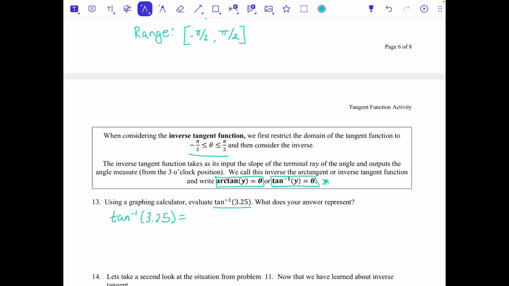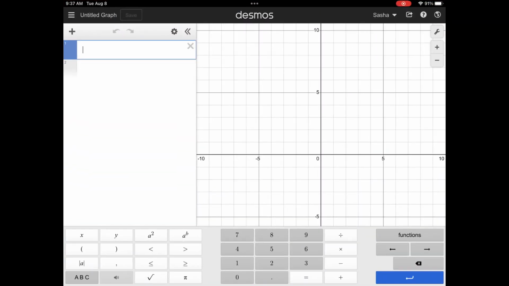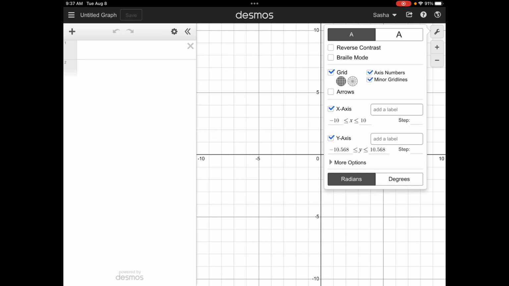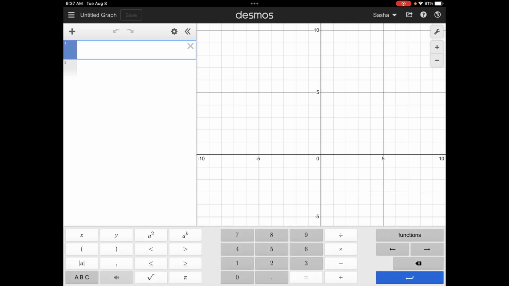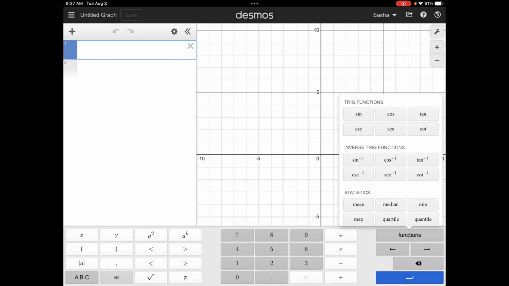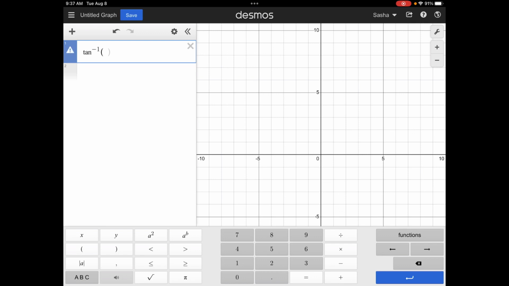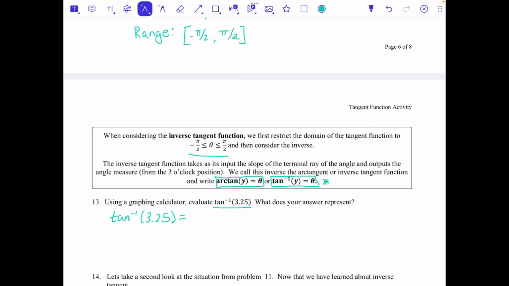My Desmos calculator defaults in radian mode, so I'm going to use radians here. And so I am doing inverse tangent. Now you can type in the words, or if you go under the function menu, you'll notice that inverse tangent pops right up, and 3.25 was our value. And so we get out 1.272.